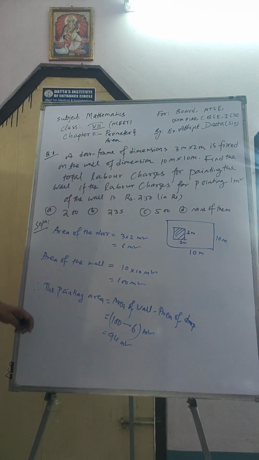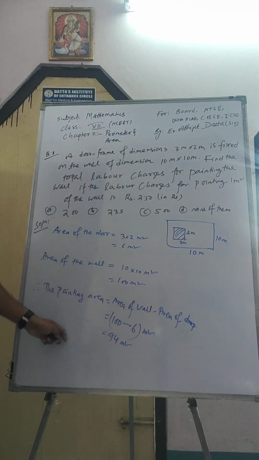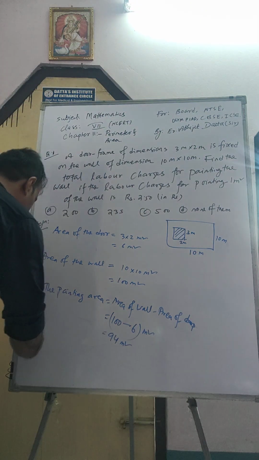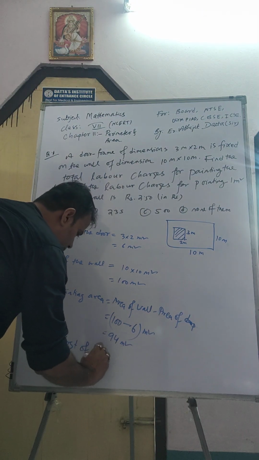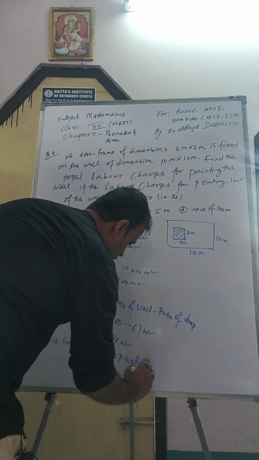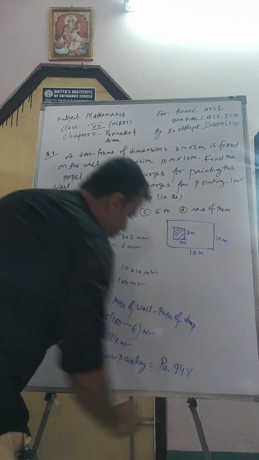Now we have to find out the cost of labor at the rate of 1 meter square is 2.5 rupees. Therefore the cost of labor painting is equal to what?